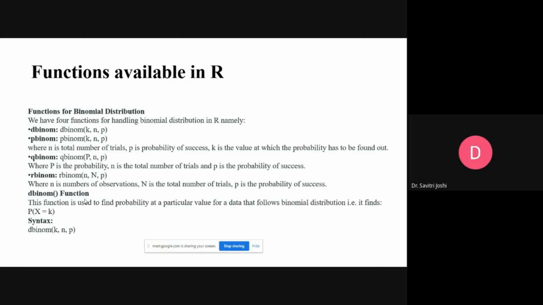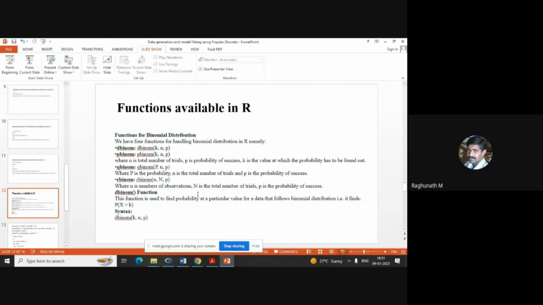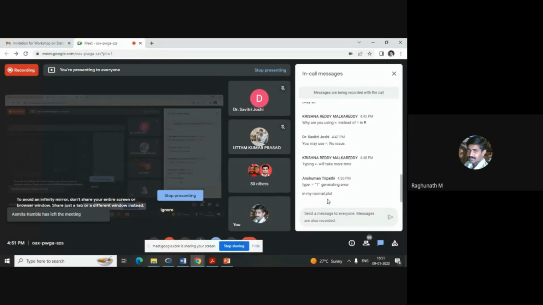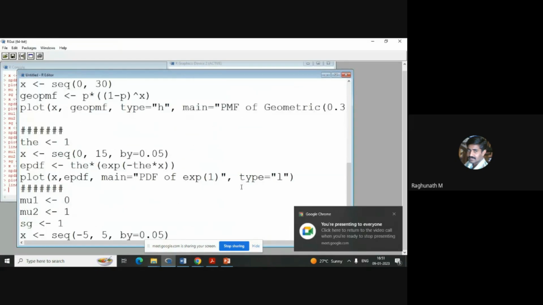Sir, sorry to interrupt you. There is a question in the chat box. Yes, yes. Type equal to L. No, it won't fail. It has to work. Just check, have you typed L or 1?